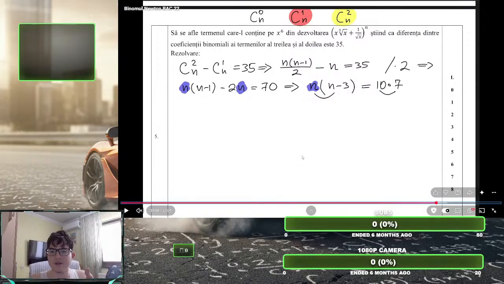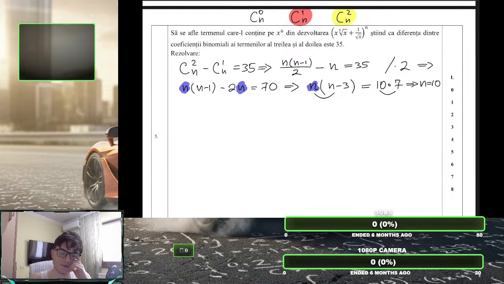Or n is 70 and n minus 3 is 70, what? Bro, advanced. N is 10. How do you get n is 10?